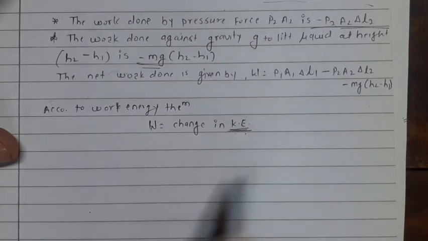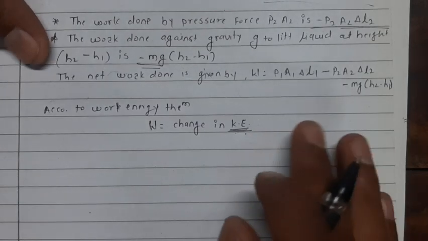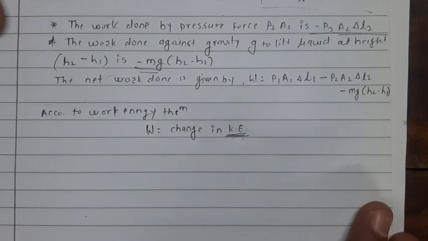Now we have to calculate the change in kinetic energy. Now see, when our molecule particle was on the left hand side, its velocity was v1, and when it was on the right hand side, its velocity was v2, and the mass of the particle is delta m.